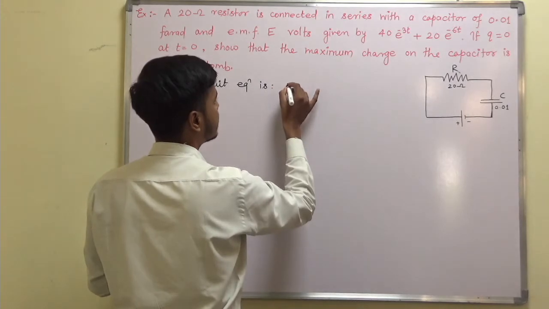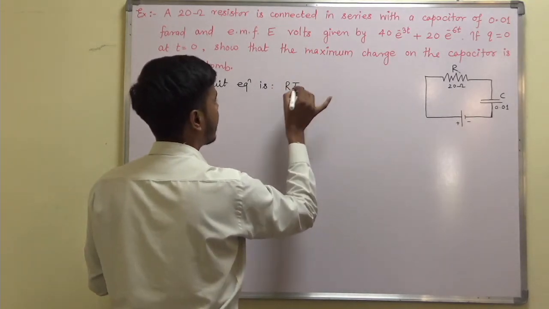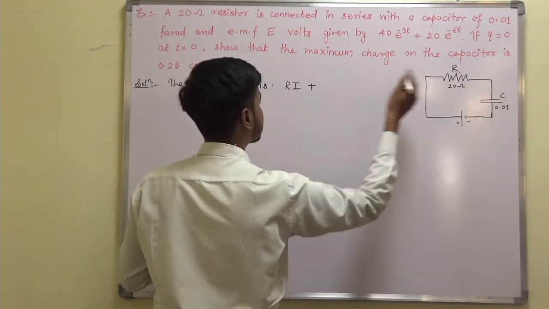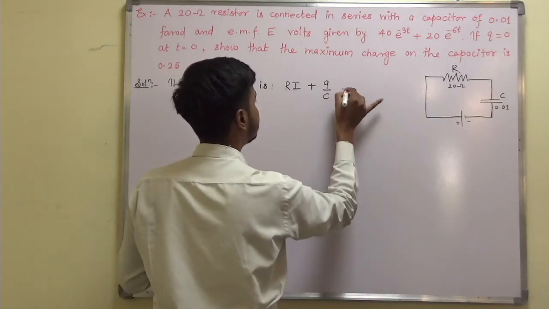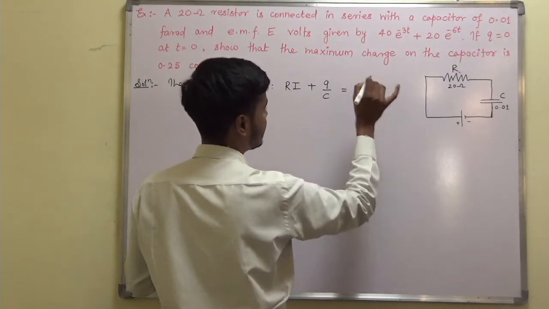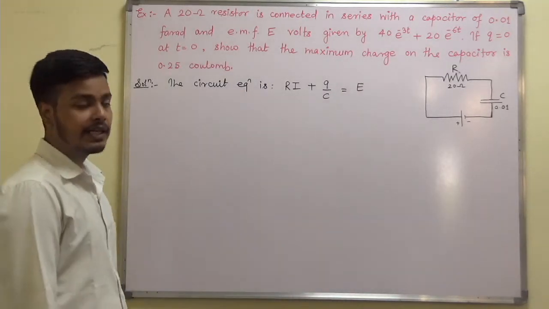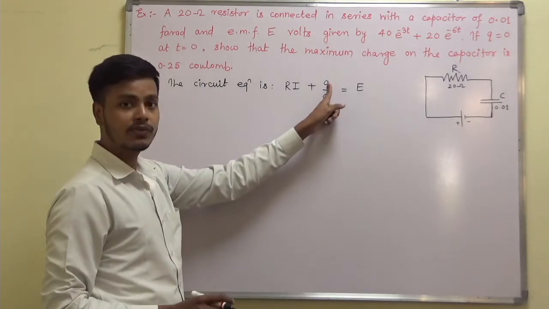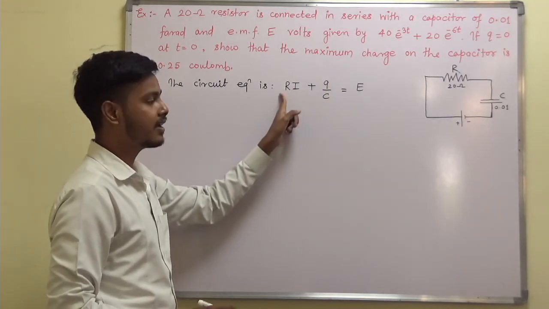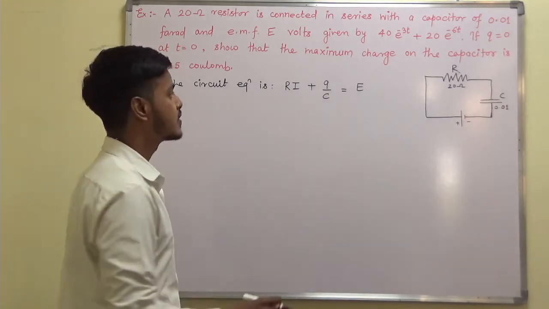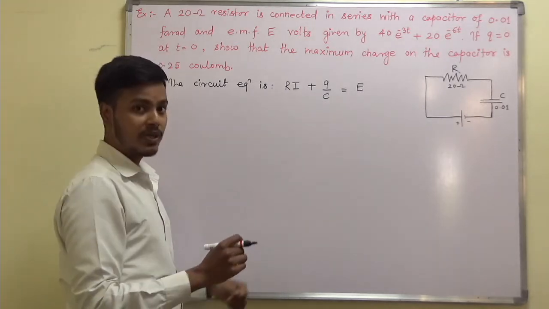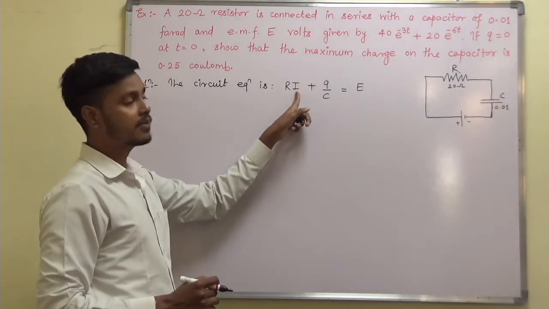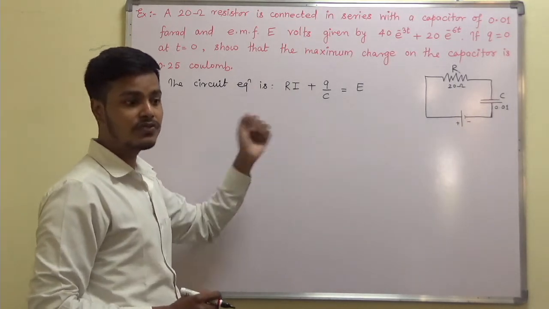So this is Ri plus Q by C is equal to the electromotive force E. Now what is this i? This i stands for current, Q stands for charge, C capacitor, R resistor, and E is the electromotive force. So to get the differential equation, I must have d/dt, the rate of change. So I can just replace this current with the rate of change of charge.